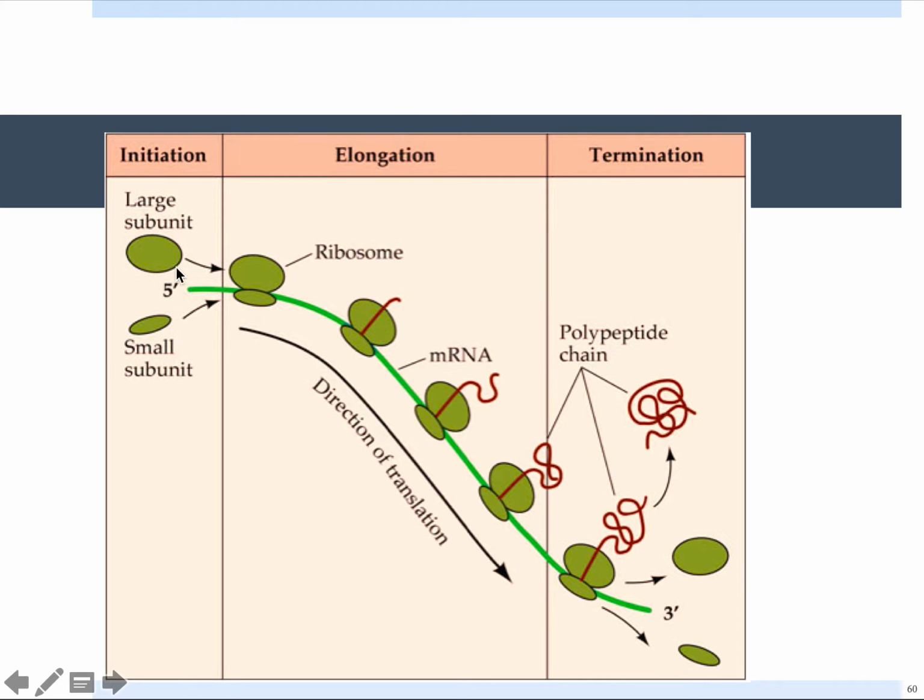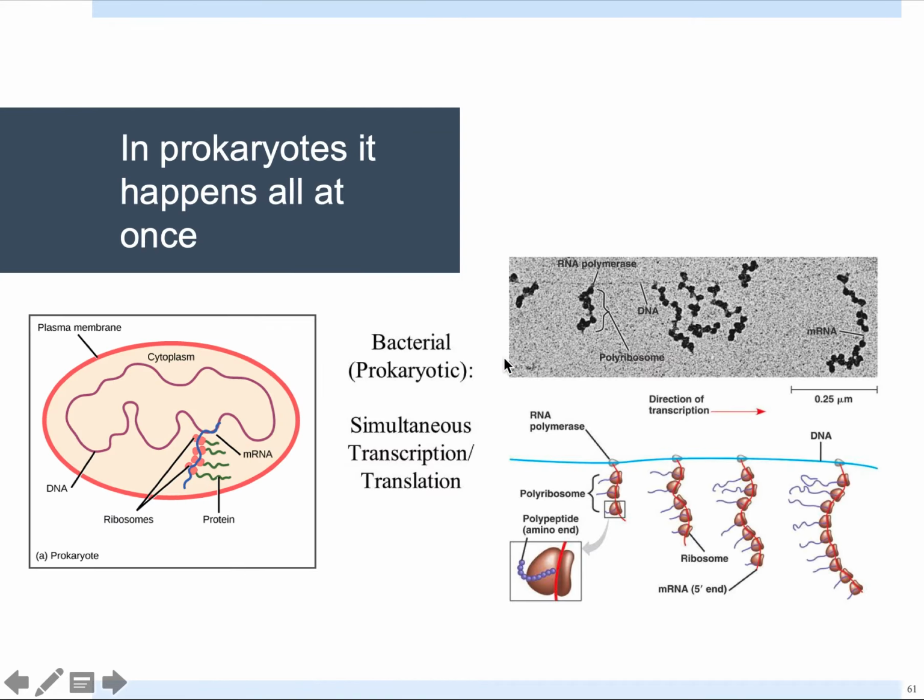In prokaryotes, this is how the process happens. There's a direction of synthesis. You have your DNA strand, that's the green one of a lighter shade. And then these are the ribosomes, the ribosomes attached, the small and the large units. You have your messenger RNA, and these are the polypeptide chains, the protein chains that have been synthesized.